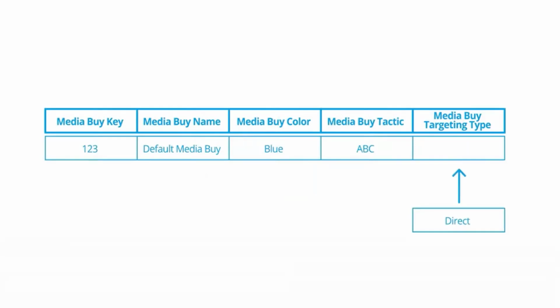Say, suppose today you have introduced your Google Ads data, which had media buy key, media buy name, color, tactic, etc., but it didn't have a targeting type. So your raw data didn't have a targeting type in Datorama and you have introduced it.